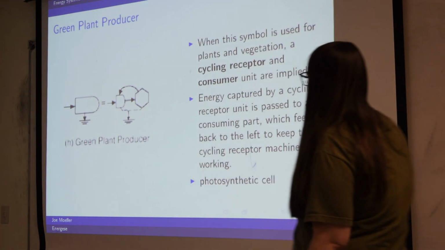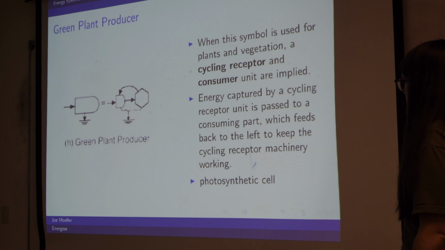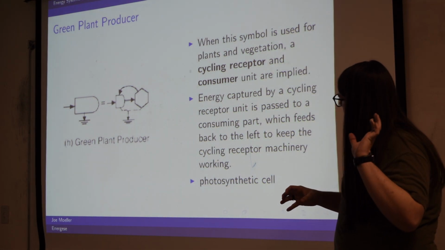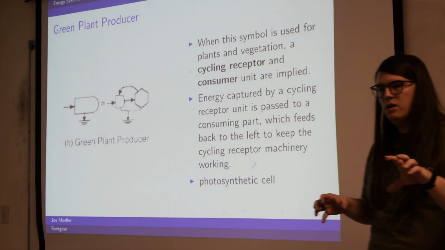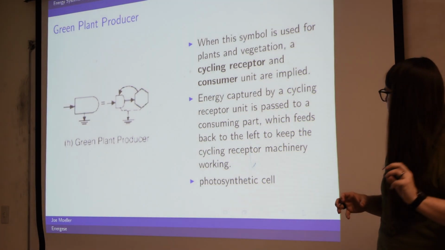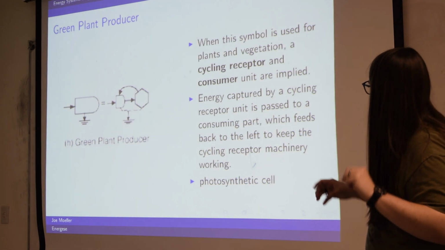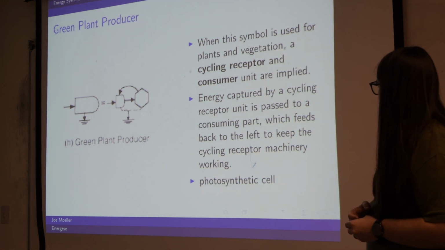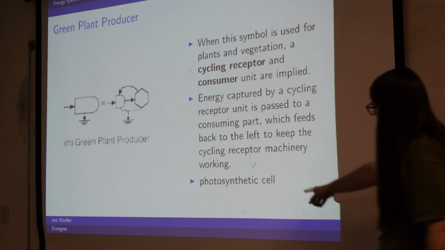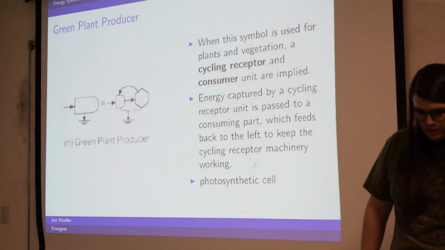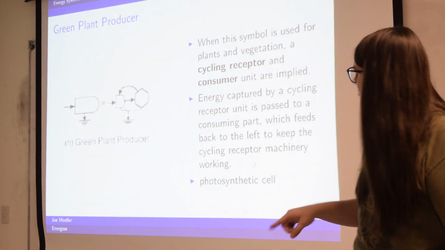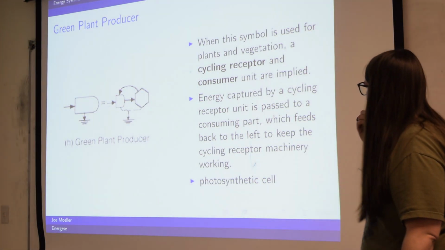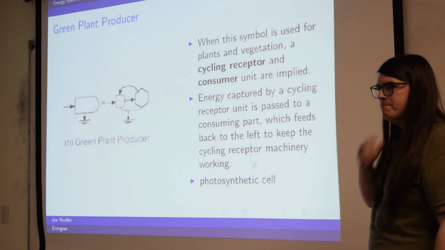So this green plant producer involves a consumer and some other interaction, some other cyclic receptor. A photosynthetic cell is the example that he gives, and I think that's probably the motivation for that hexagon. I think maybe chlorophyll is hexagon shaped, not sure. Yeah, it has a hexagon.